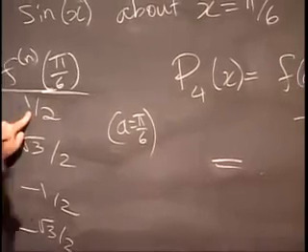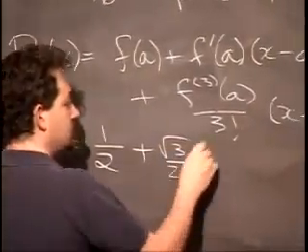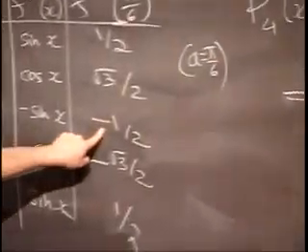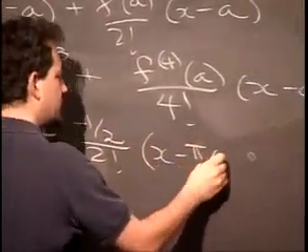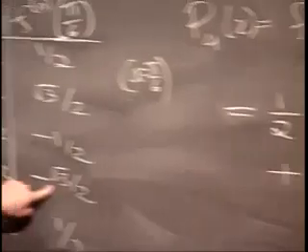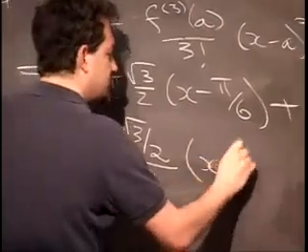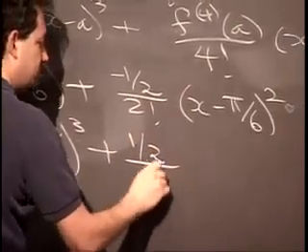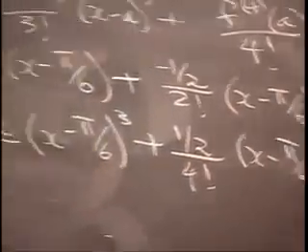So in this case, I get 1/2 plus root 3 over 2 times x minus pi over 6, plus the second derivative is minus 1/2 over 2 factorial, x minus pi over 6 all squared, plus the third derivative is minus root 3 over 2 over 3 factorial, x minus pi over 6 all cubed, and finally the fourth derivative is 1/2 times x minus pi over 6 all to the 4.